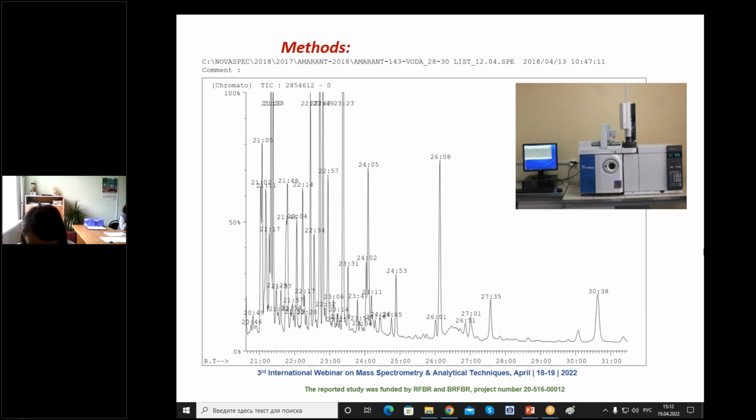The temperature was 100 degrees. The identification of substances was done in accordance with retention values and mass spectra of the NIST-5 library, National Institute of Standards and Technology, USA.